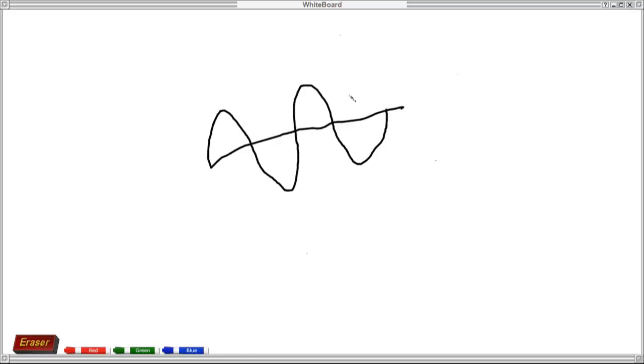Pretty much what happens is that when you have a sine wave, and I'm assuming you have some knowledge of this, you have a sine wave, and this symbolizes the intensity of the magnetic field. But at the same time, you also have another.